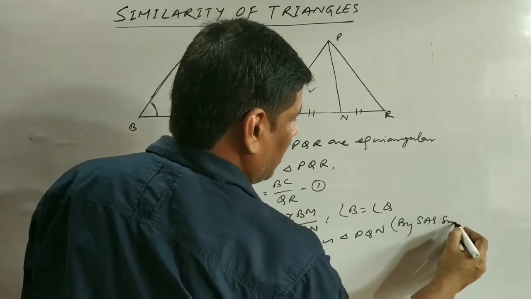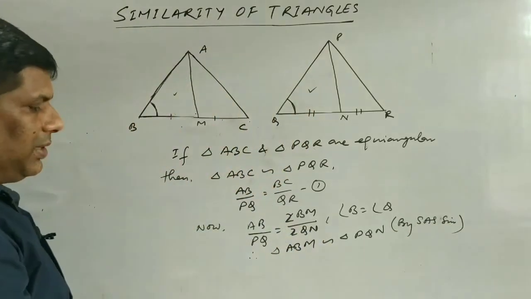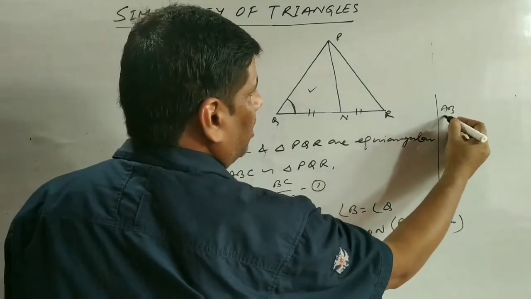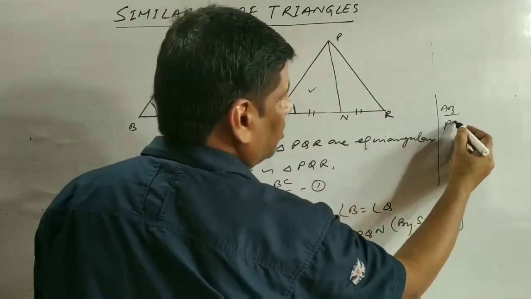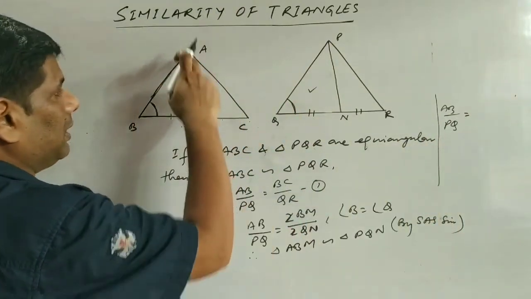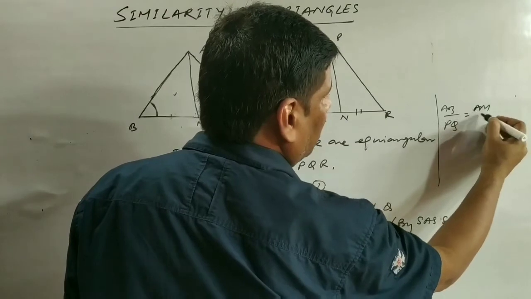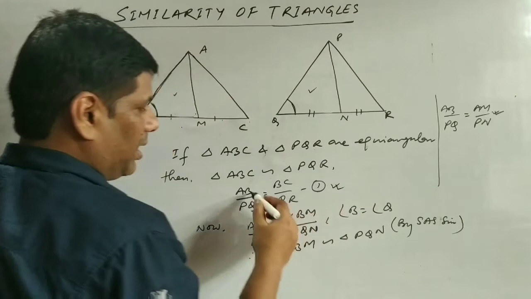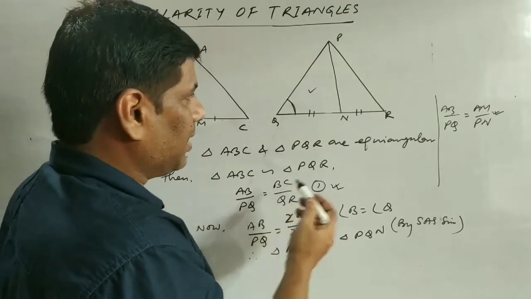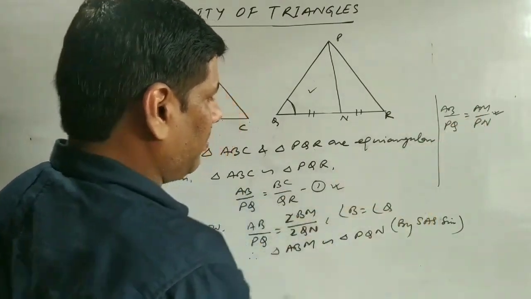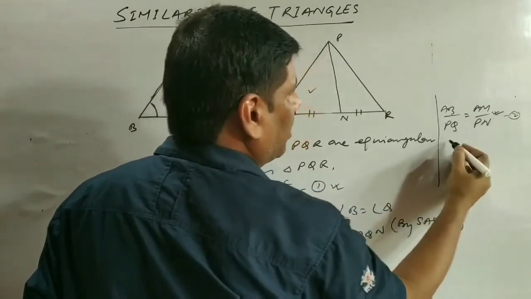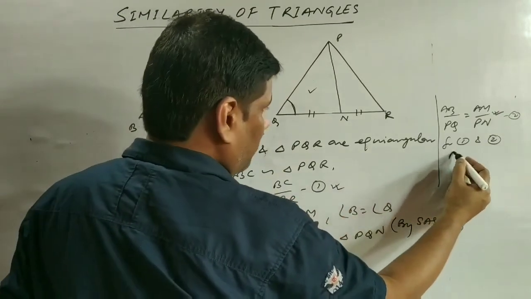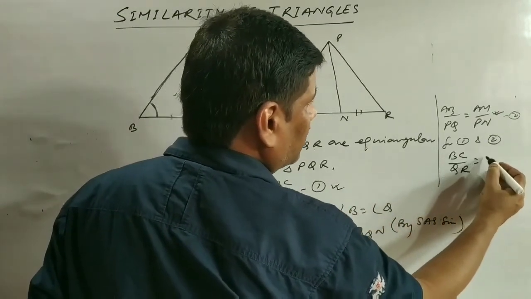So if two triangles are similar, then again we can write AB by PQ is equal to AM by PN. Let us see this one and this one. AB by PQ equals BC by QR, and AB by PQ equals AM by PN. So from 1 and 2 we can write BC by QR is equal to AM by PN.